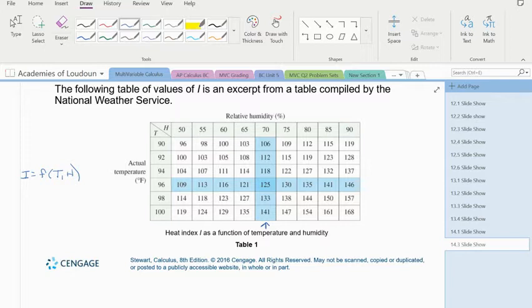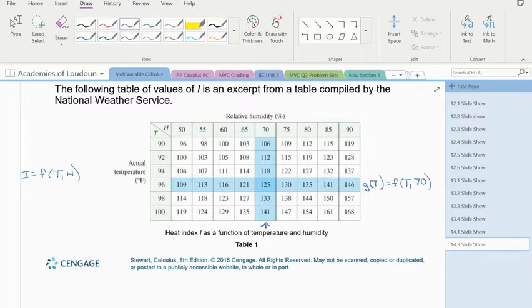Then we're going to consider the heat index as a function of the single variable T for a fixed value of H. So for example, G of T is equal to a function of T at 70. Then G of T describes how the heat index increases as the actual temperature T increases when the relative humidity is 70%.